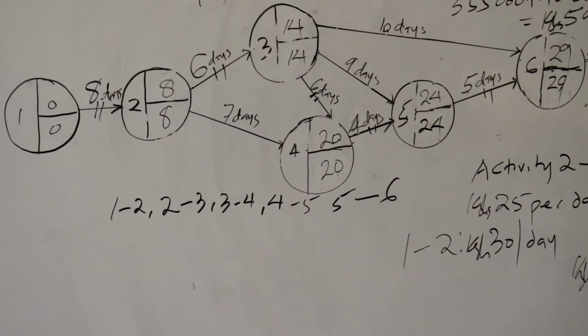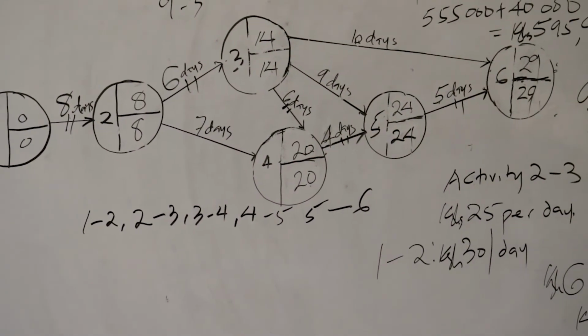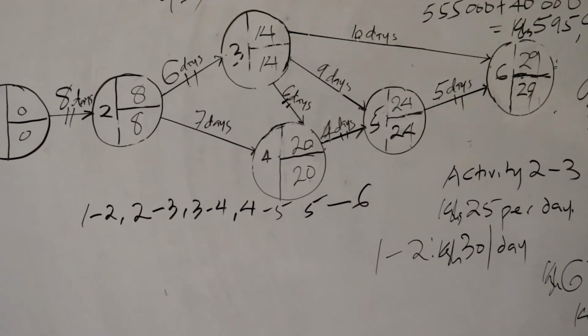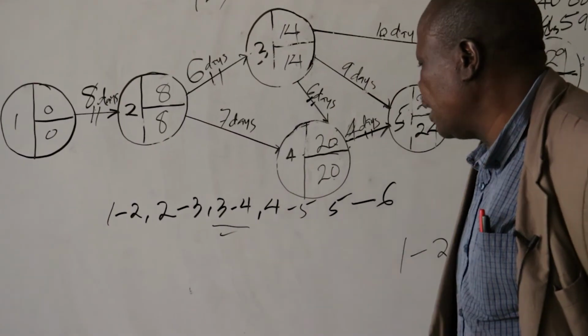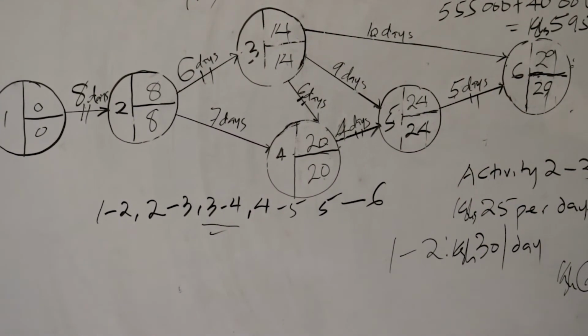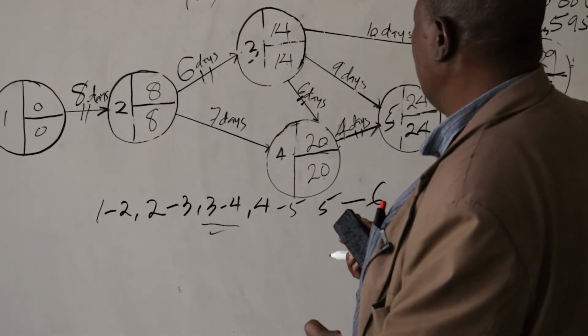Now step number 5. We want to crush activity 3 to 4.